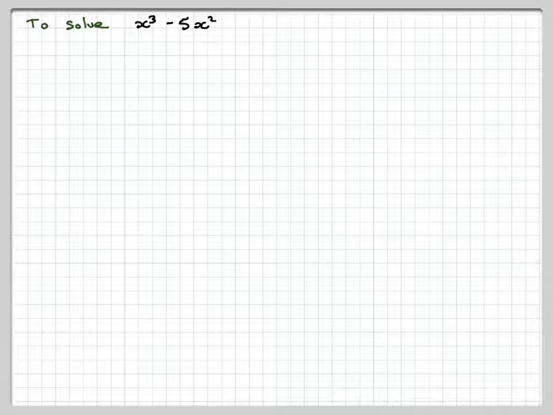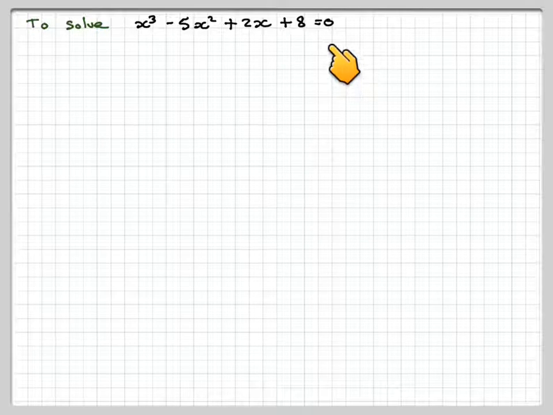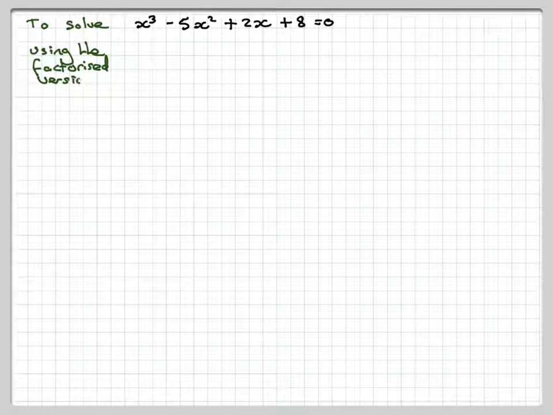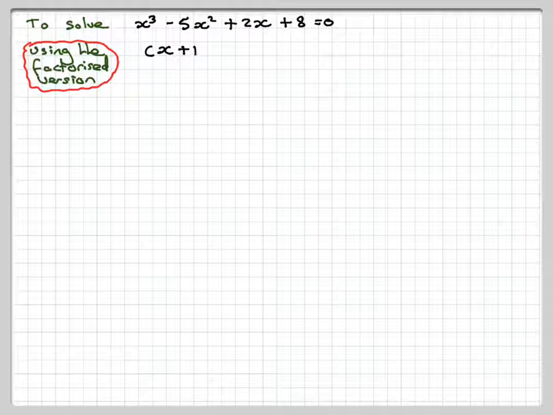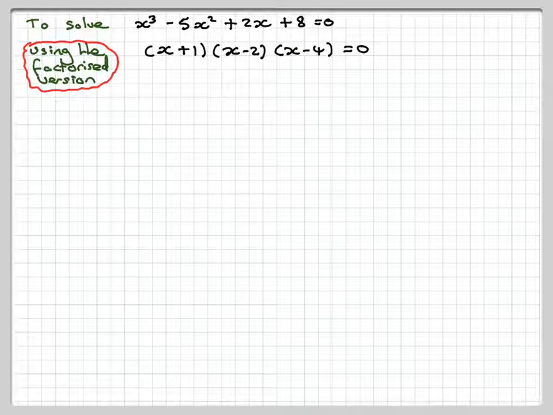Right, to solve the equation x cubed minus 5x squared plus 2x plus 8 is equal to 0, if we use the factorized version, that's x plus 1, x minus 2, x minus 4 is equal to 0.